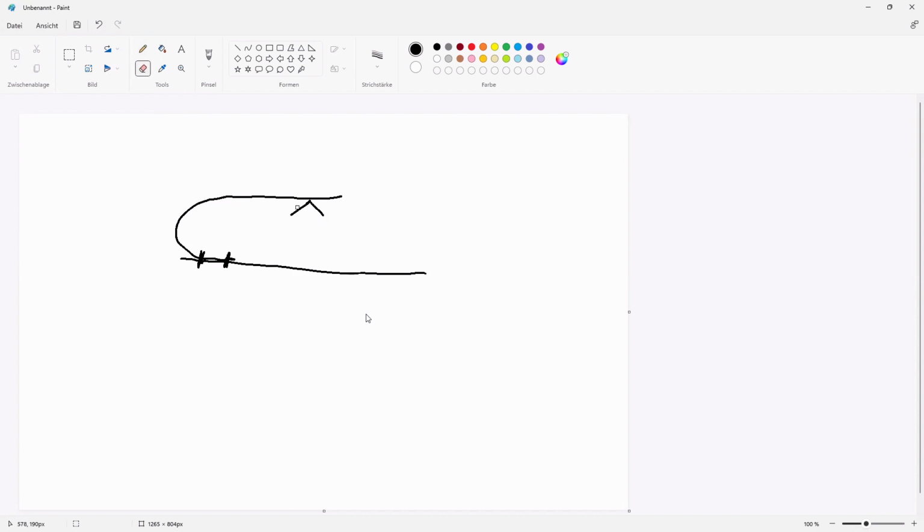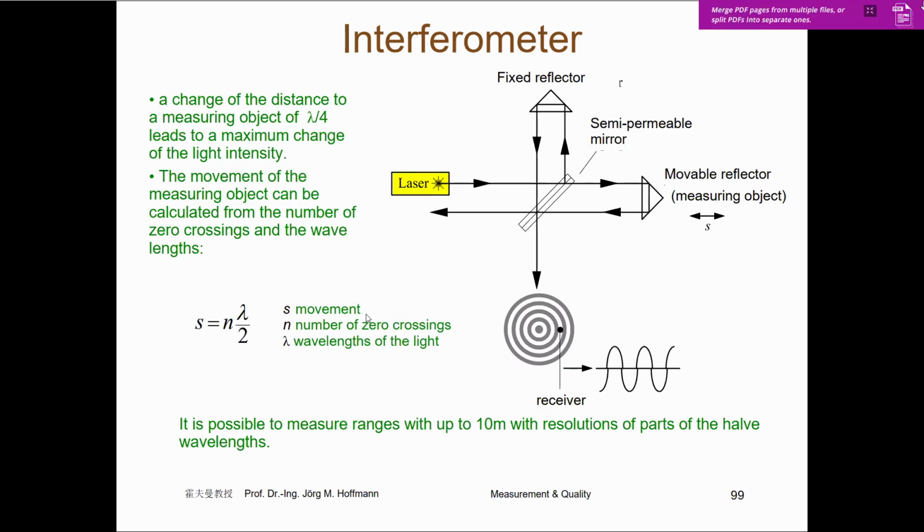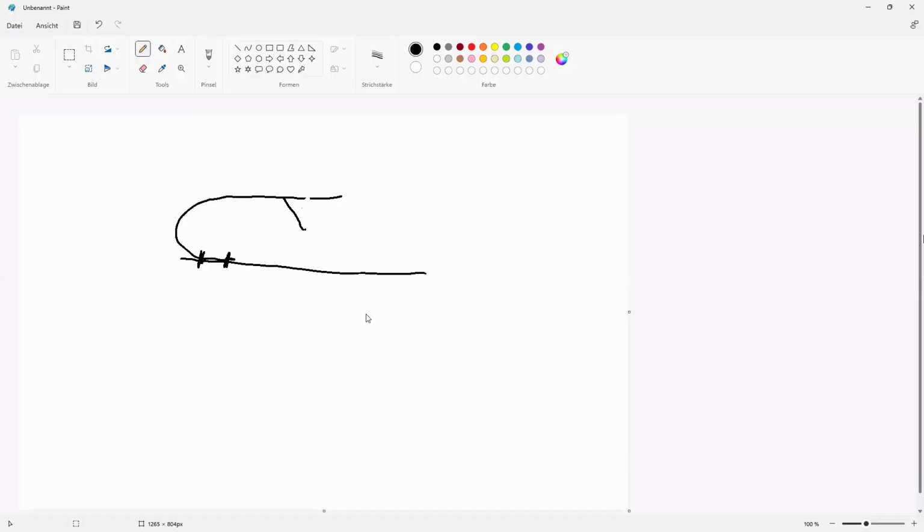I must have a look how it is. Yes, I need the peak. The first was right. You have it so.